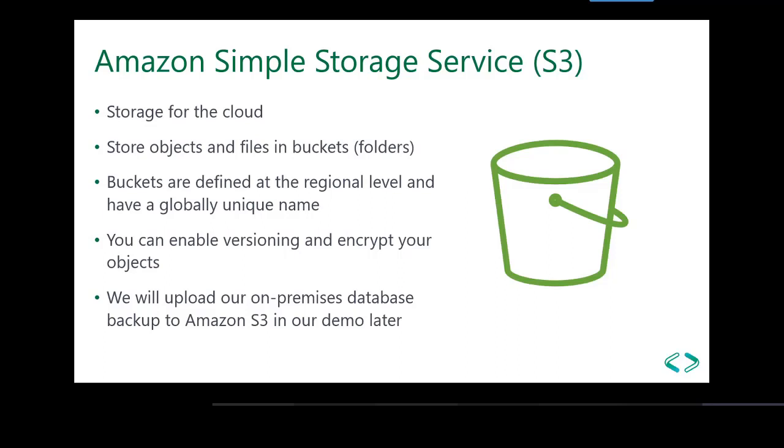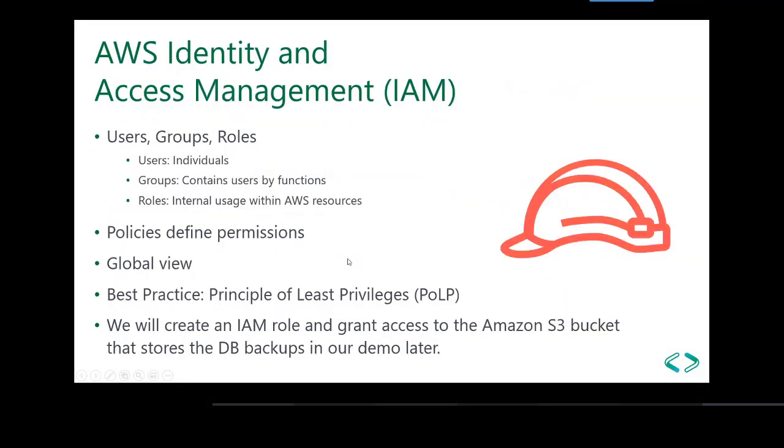Once our RDS instance completes provisioning, we're going to restore it. Again, we take a backup of our on-premises database, upload it to the bucket, and then restore it to our cloud instance, the RDS for SQL Server instance.